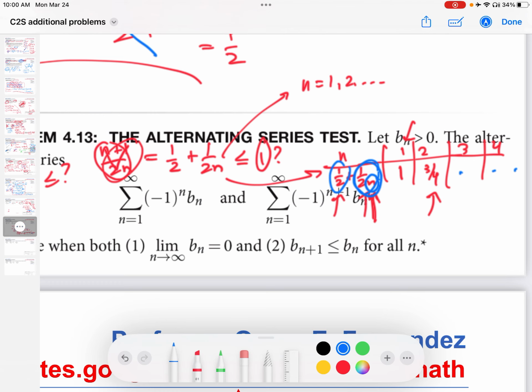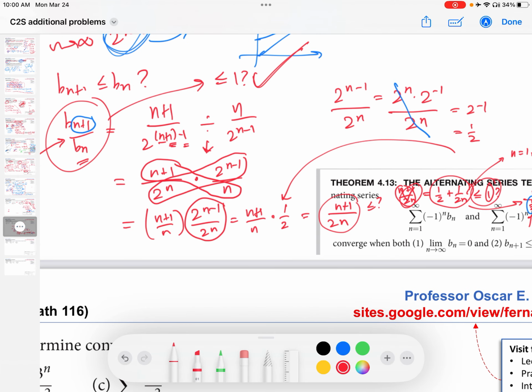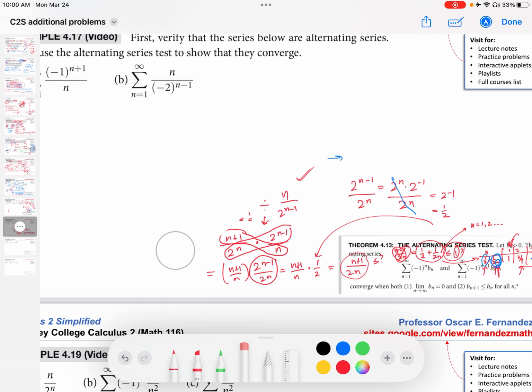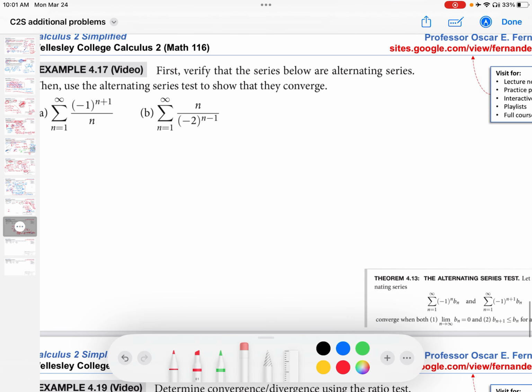So indeed, I am concluding that this thing is less than or equal to 1. It's equal to 1 when n is 1. For all these other n values, it's actually less than 1. So that tells me that the second requirement here, check for the alternating series test. So indeed, this other series for part B also converges by that test. Okay, that's all I have for you. See you next time.